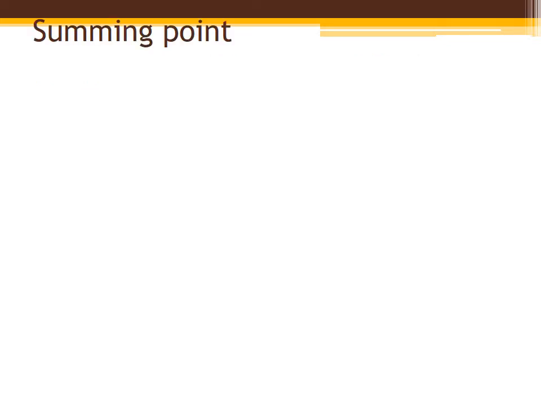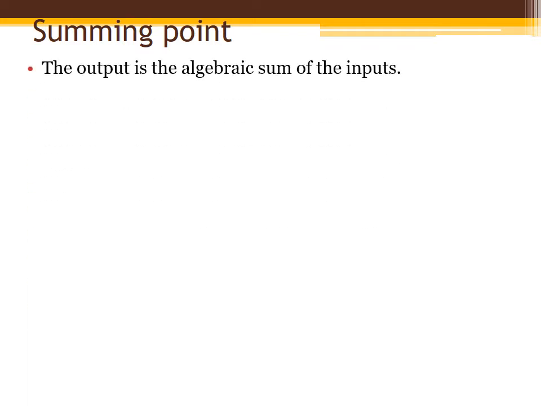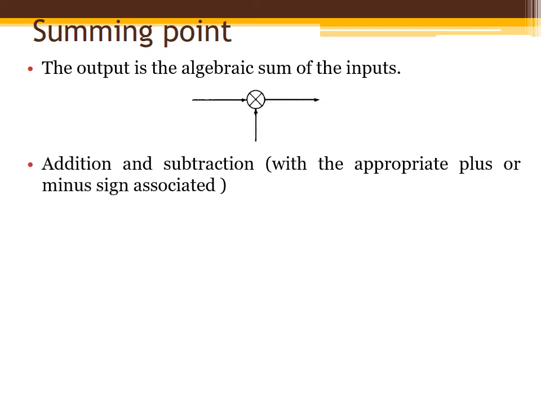Next one is the summing point. At the summing point, the output is the algebraic sum of the inputs. Here there are two inputs and you get one output. Addition and subtraction with the appropriate plus or minus sign is considered for the summing point. If addition is given, then the signals get added. If the minus sign is associated, then the signals are subtracted from each other.